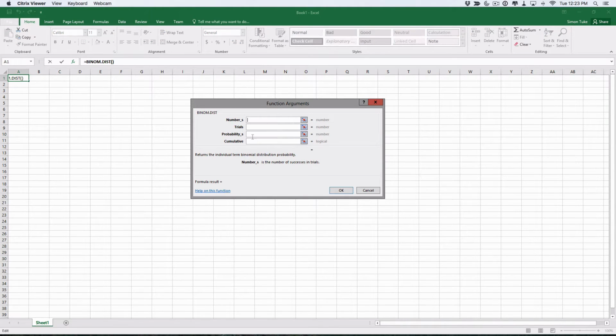There are 4 boxes. This is the number of successes, this is the number of trials, and this is the probability of success for each trial. Then you have cumulative, where you put true if you want to do cumulative, that is, whenever you want less than or equals, or you put false if you just want equals. Okay, so now you've got the idea.